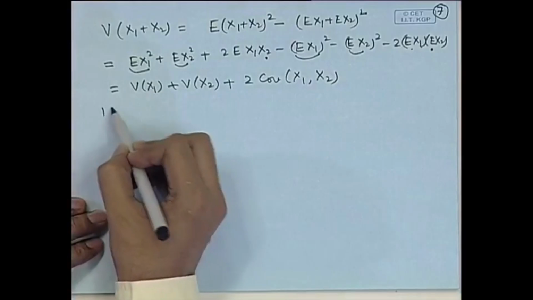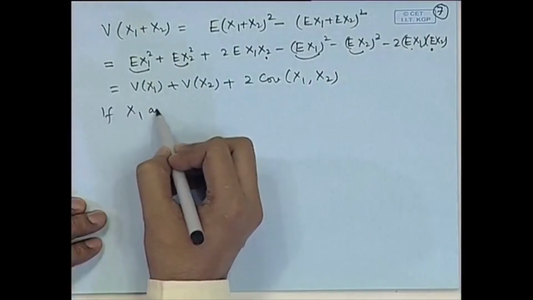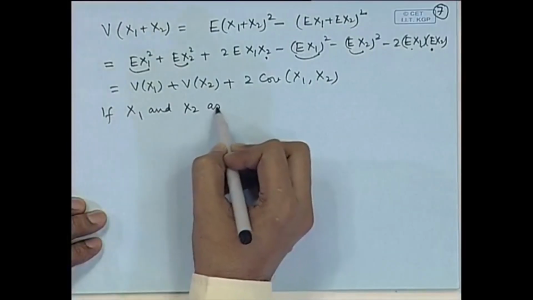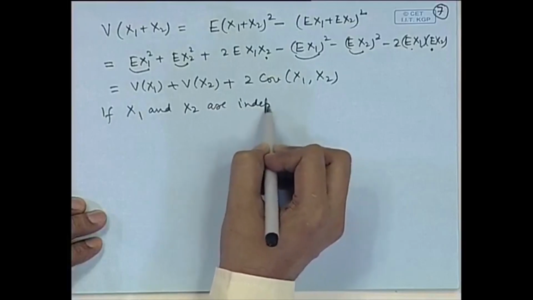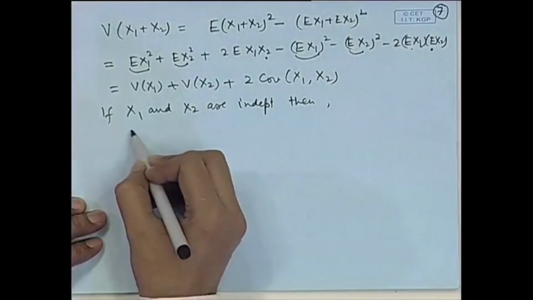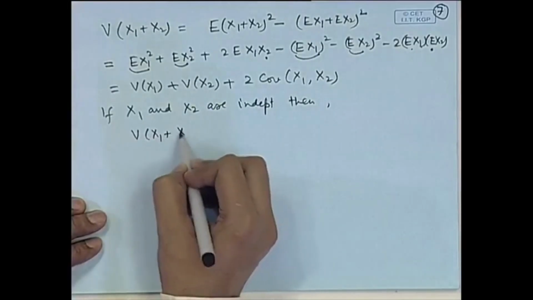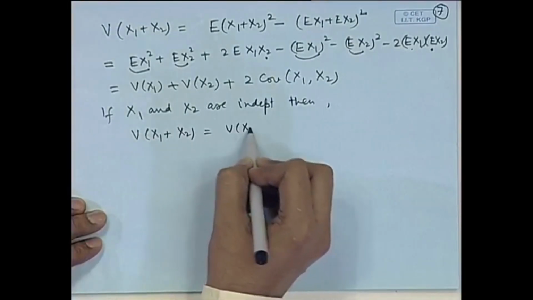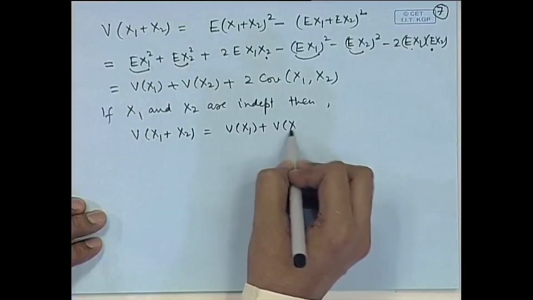Now, if x 1 and x 2 are independent, then covariance will be 0 and therefore variance of x 1 plus x 2 will be equal to variance of x 1 plus variance of x 2.